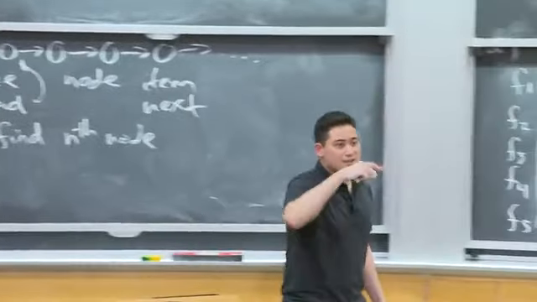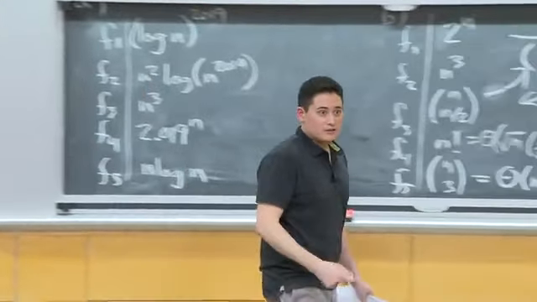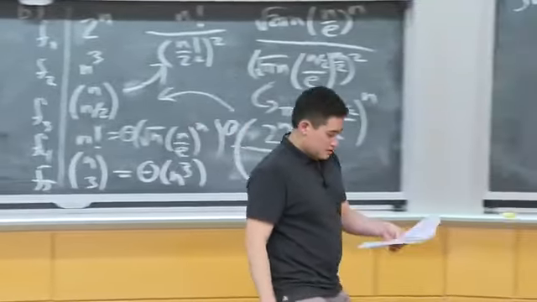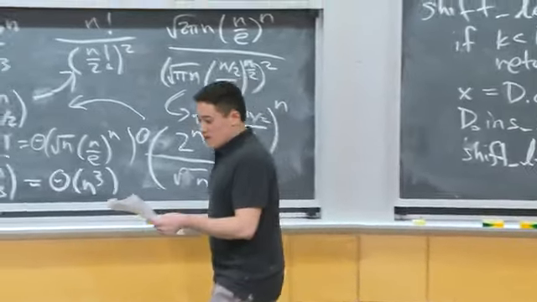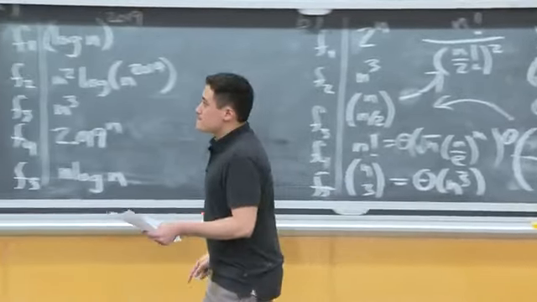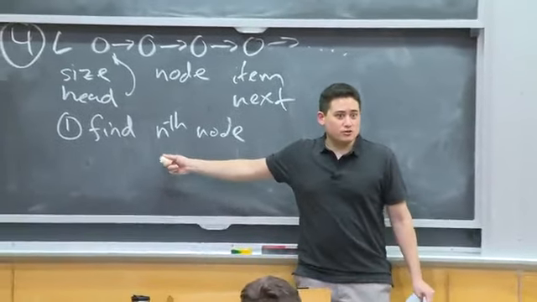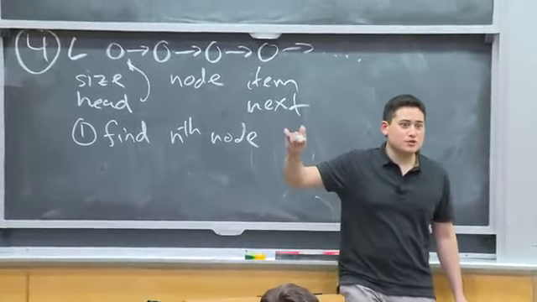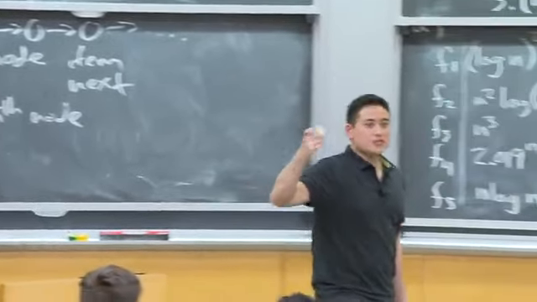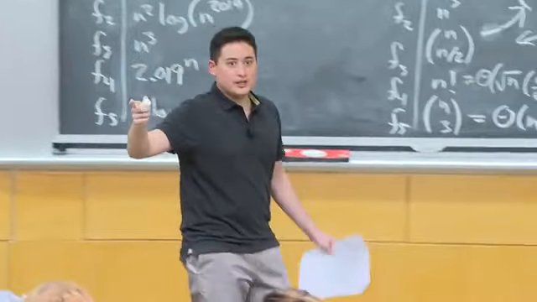Okay? That's the end of the first set of children. Then I have a second thing that I want to do. What's the next thing I have to do? I have to reverse the pointers of everything after the nth node, right?